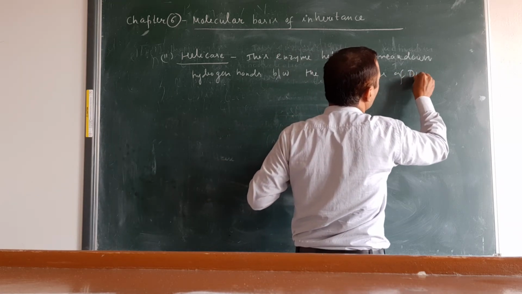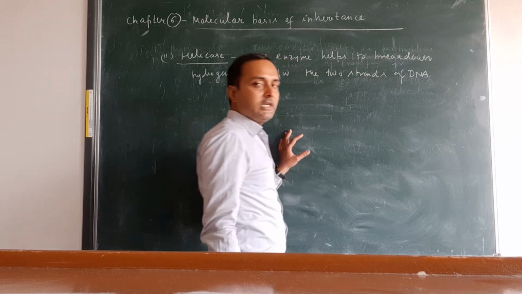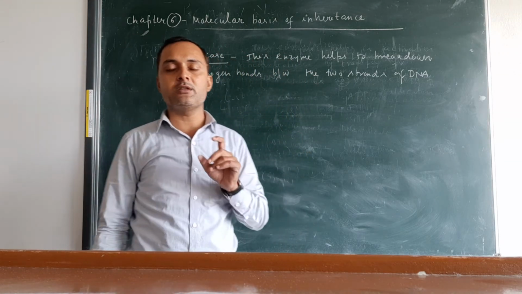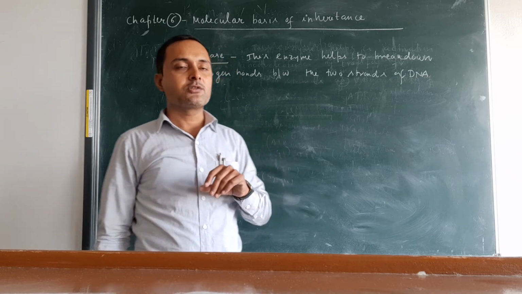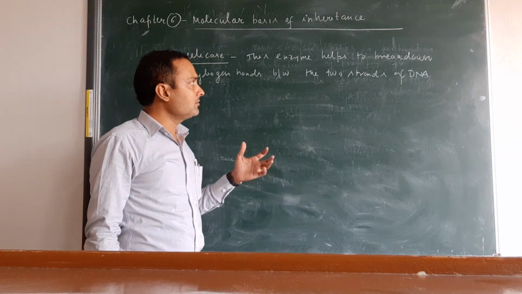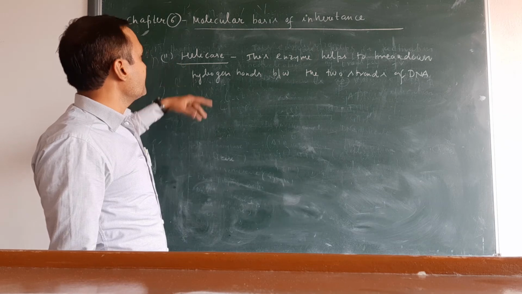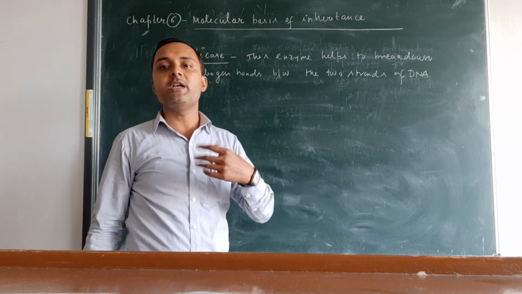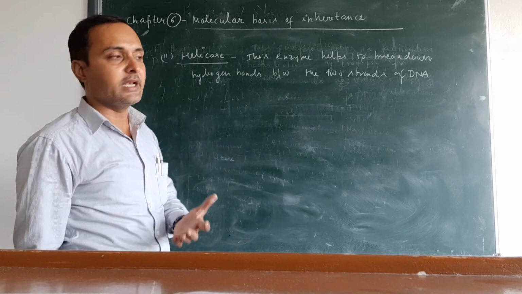You know, according to the Watson-Crick model, DNA is double stranded, and both the strands of DNA are held by hydrogen bonds. So this hydrogen bond is broken down in the presence of the enzyme known as helicase. This process is also known as unwinding of DNA.